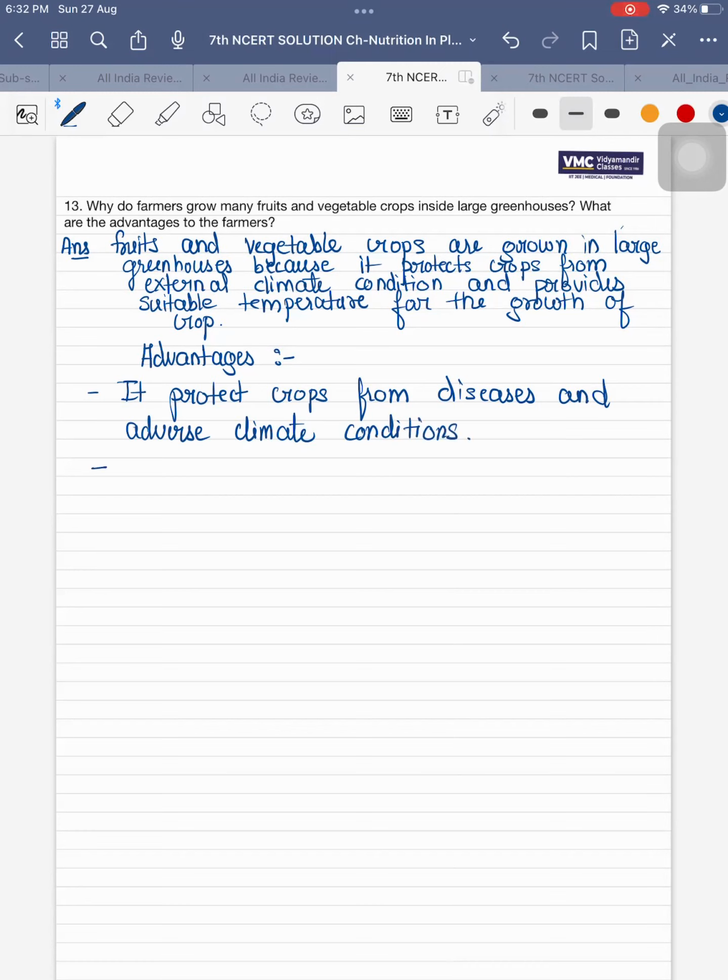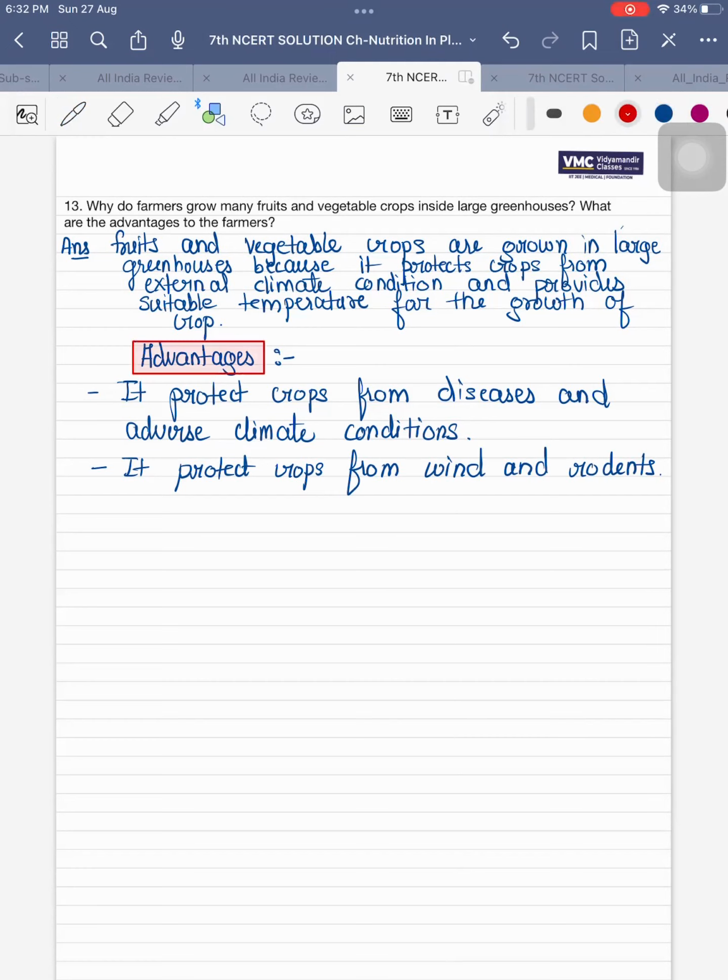And second advantage, it protects crops from wind and rodents. So this is all about the exercise. All the best for the exam.